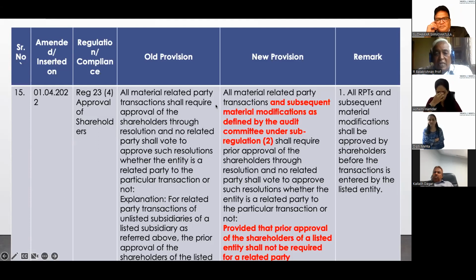In case a listed entity has a joint venture, does this also cover it? Under this, the act mentions only subsidiary. I think we have discussed this elaborately in the earlier webinars. As company secretaries, we should know what a joint venture is and what a subsidiary is, because they are very clearly defined. Under section 2, subsection 6 clearly says what a joint venture is, and similarly we have a definition for the subsidiary also.